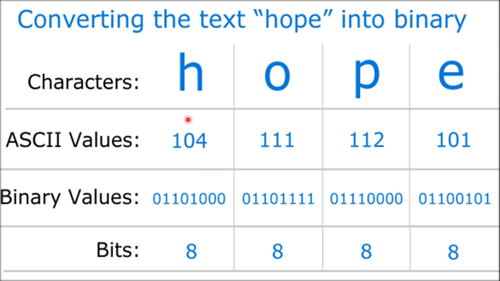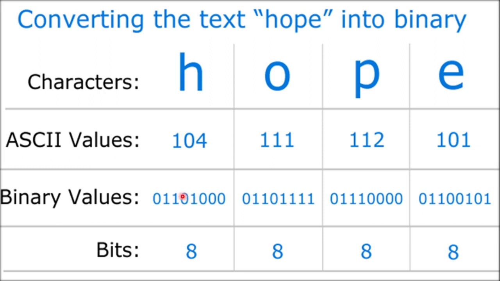Every character is given an equivalent decimal number. So H means 104 for us. Now in computer we need to convert this to zeros and ones.